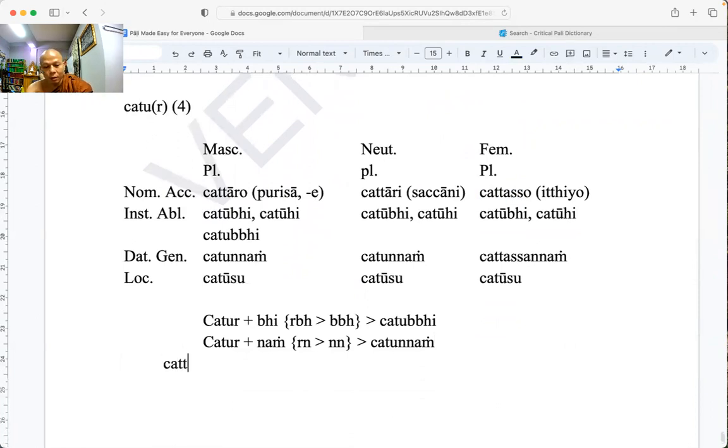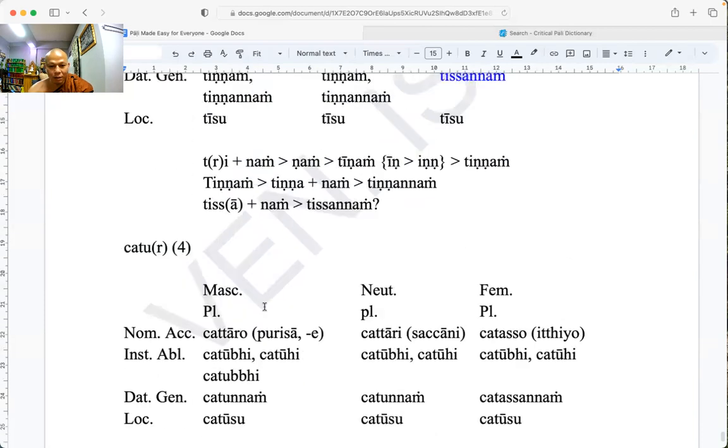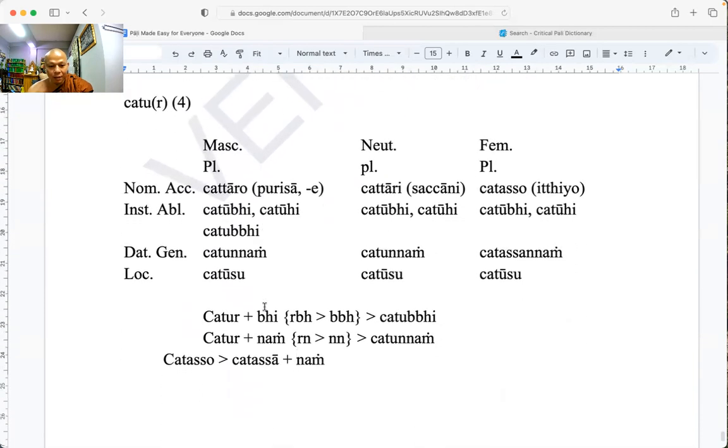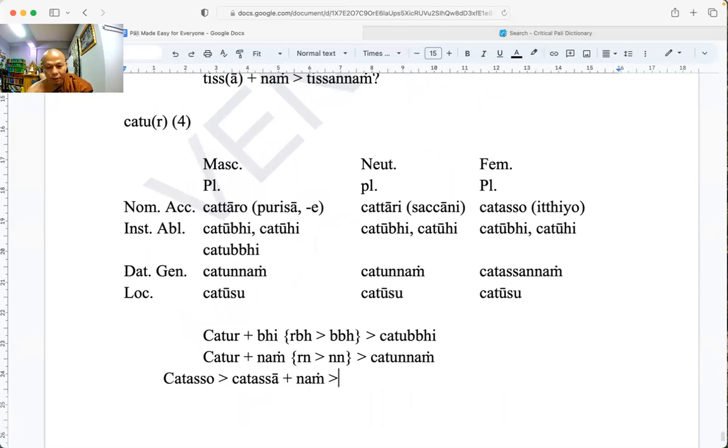So from jadaso we use jadasa, after that the name ending, so jadasanan or something in this way.